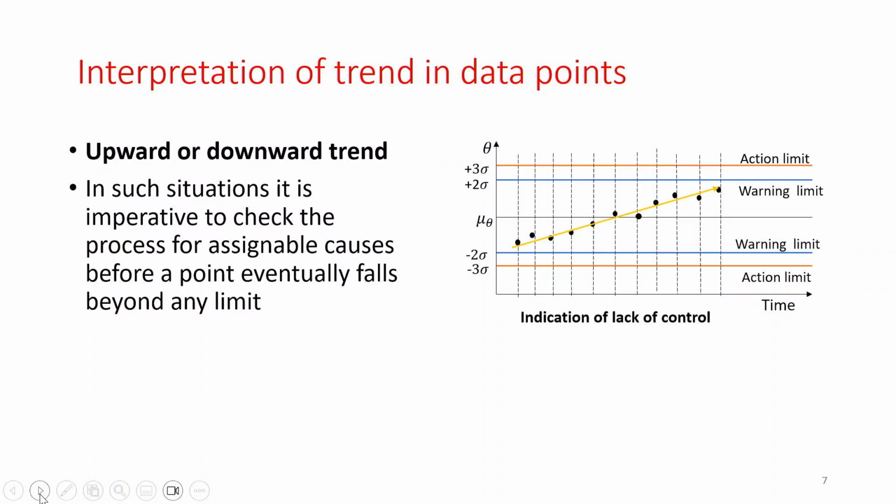In such a situation, it is imperative to check the process for assignable causes before a point eventually falls beyond any limit. Now, if the process shows this kind of pattern, it is expected that if we go on for some more points, the next set of points is likely to appear here, here, and then here.